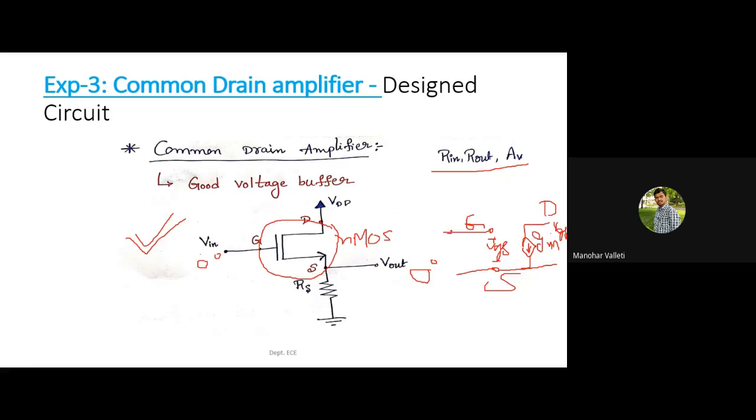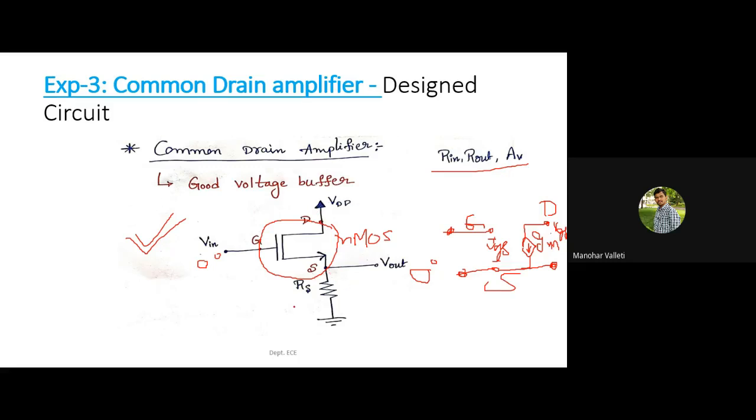So if you replace the MOSFET with this four-terminal, two-port network model, the source is common. Here the gate will come, here the source will come, and here the drain will come. Across the drain, VDD will be there.